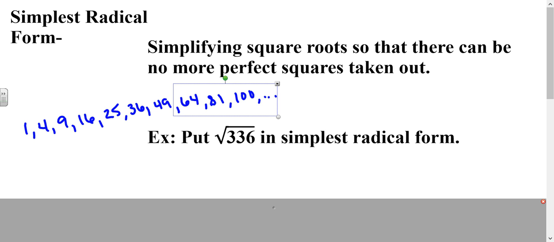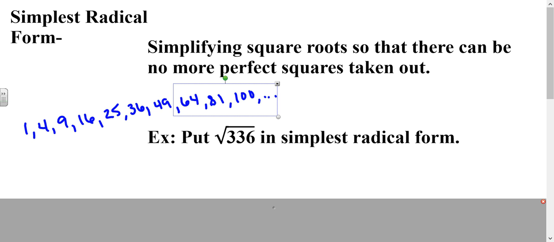So I want to ask, what is the largest perfect square that I can divide out of 336? I can try a whole bunch of different numbers, and I want to find the largest one. I can try 64, but that doesn't work out evenly.